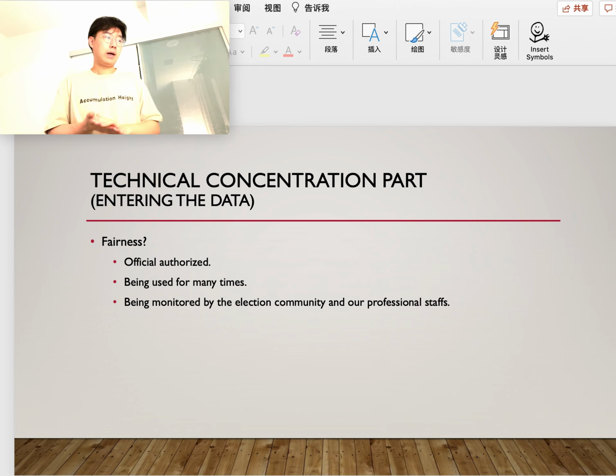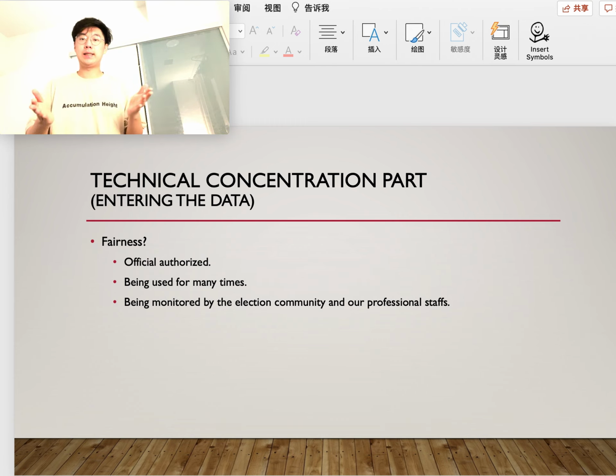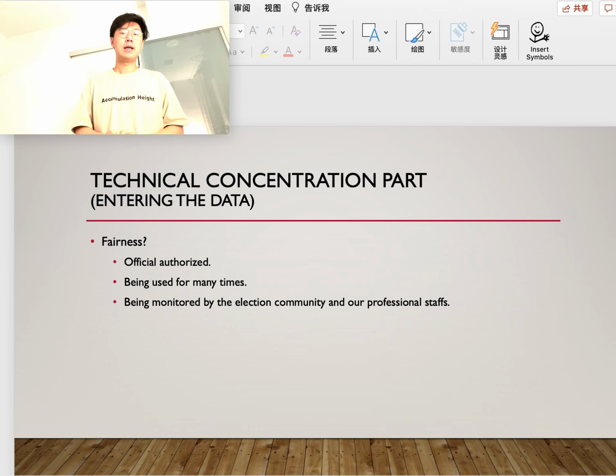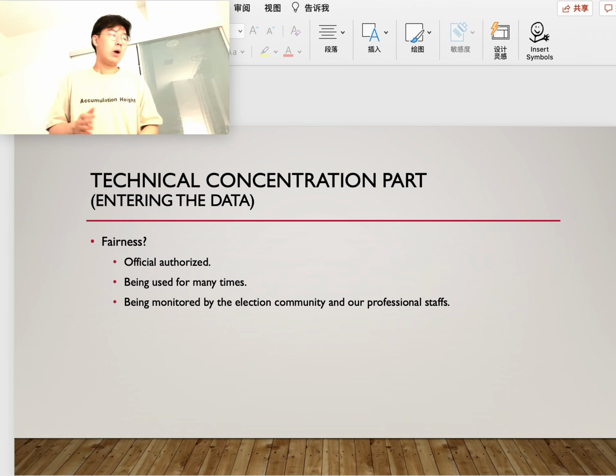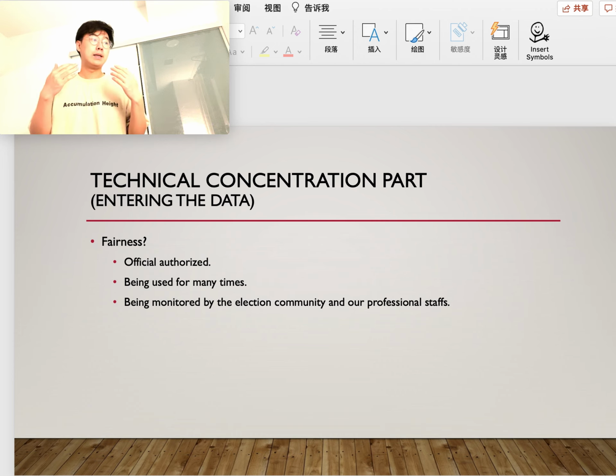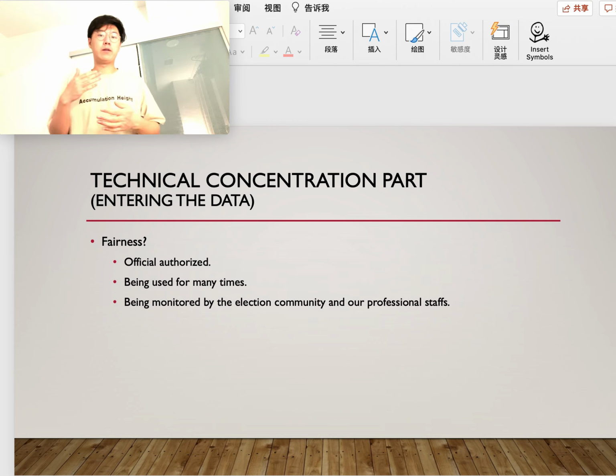There is another way we guarantee a fair result: two main groups of people continuously monitor the running of the voting system, the election committee and the professional group from our company.